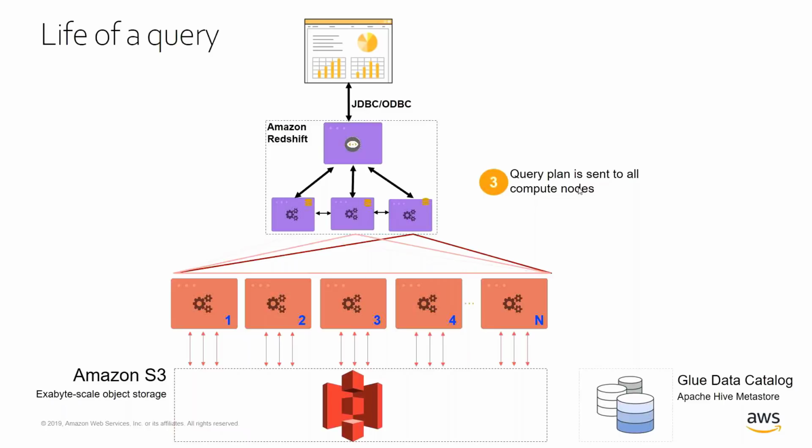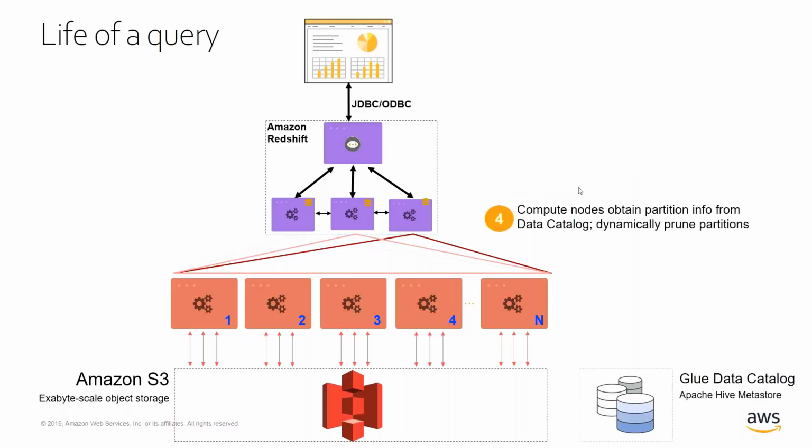At this point, what the compute nodes do is it does its own analysis. It tries to see how much data each of these compute nodes is going to query that is sitting on S3. It does this query analysis of how much data it is going to query that is sitting on S3, and it passes those instructions to the Spectrum layer.